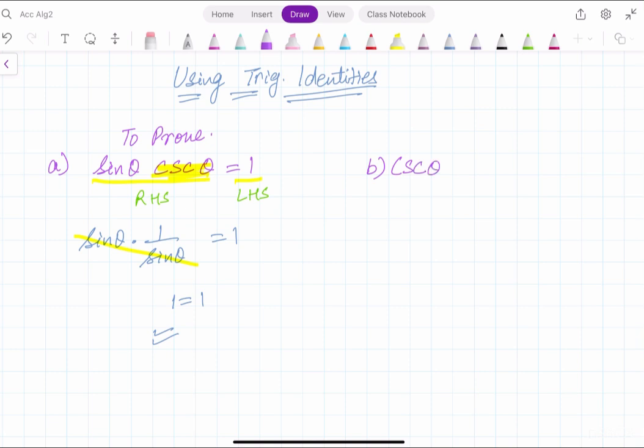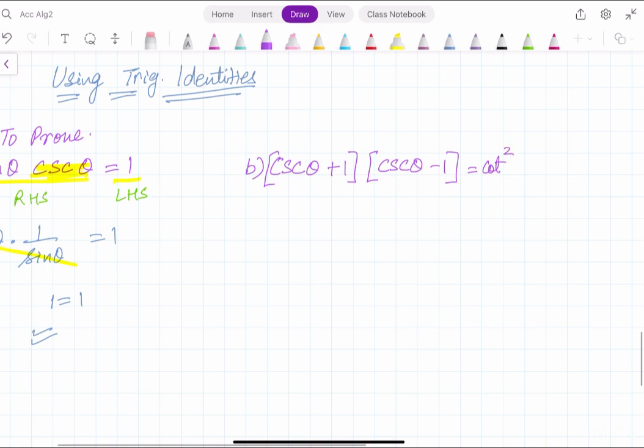Now we have cosecant theta plus 1 in the bracket and then another bracket cosecant theta minus 1, and they want us to prove that it is equal to cot squared theta. Now if you look at this equation carefully, first identify right hand side and left hand side.